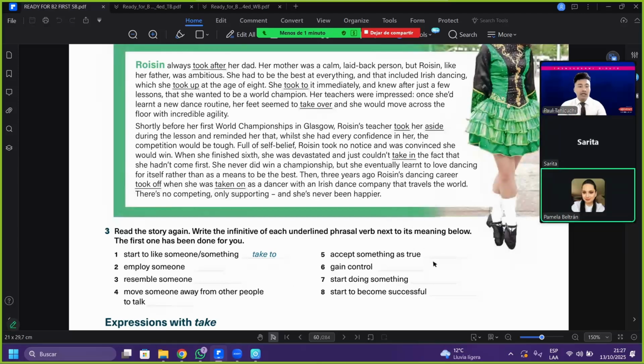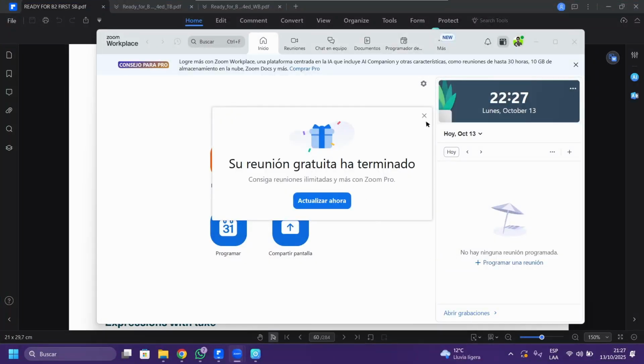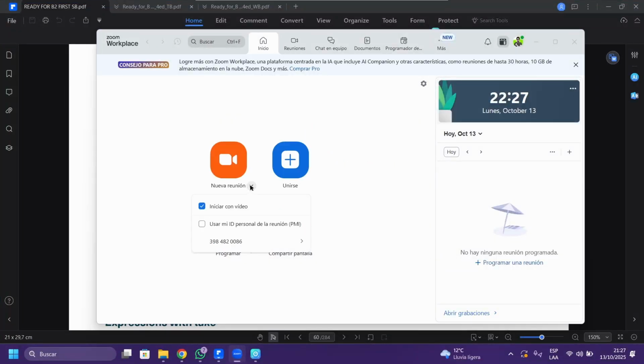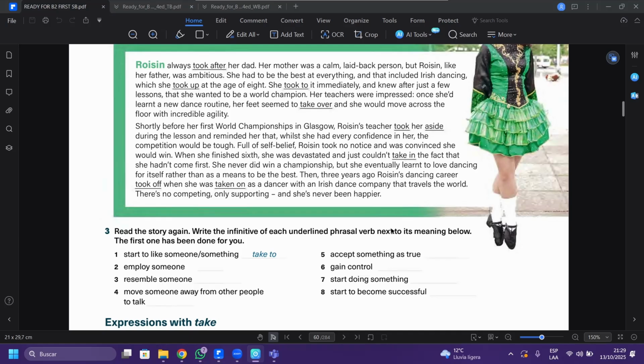Number 6, to gain control over something. I'm going to give you a clue. It is at the end of the first paragraph. Take over. Take over is to gain control over something.